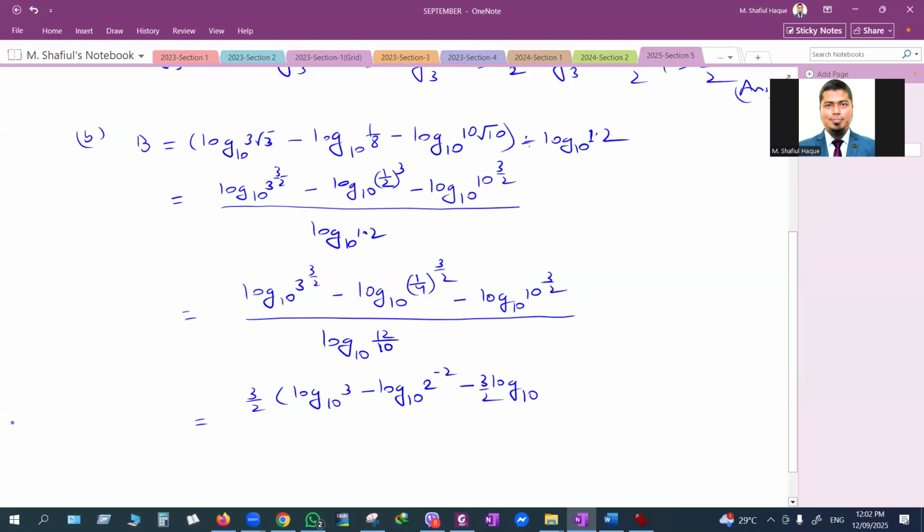So 10, 10 can be written as 5 into 2. In the denominator can be written as 6 by 5.